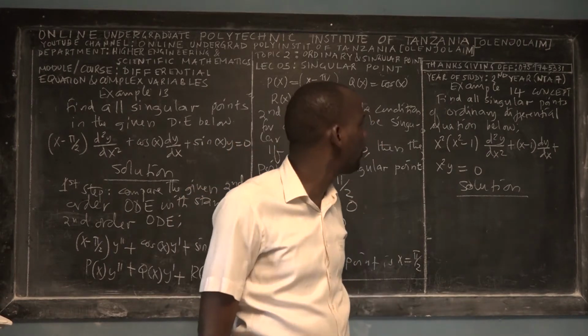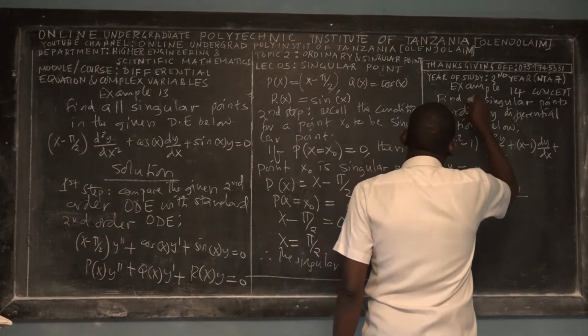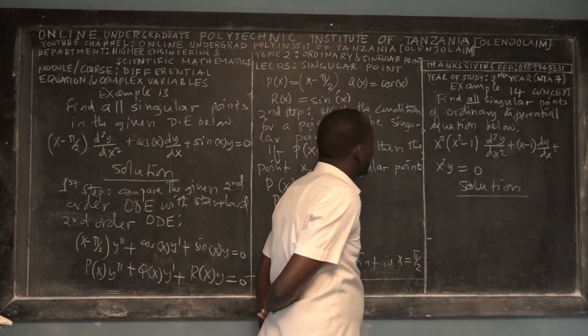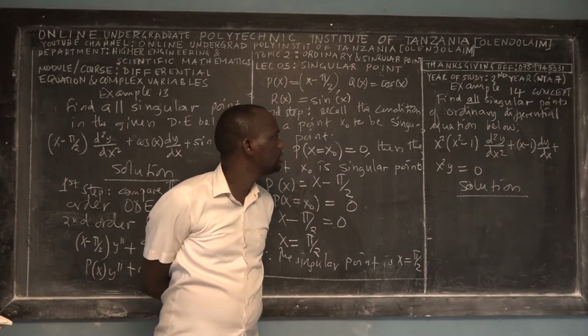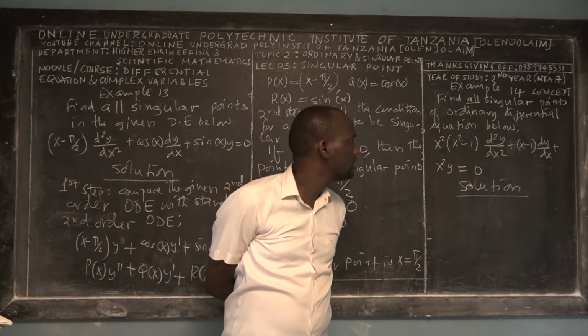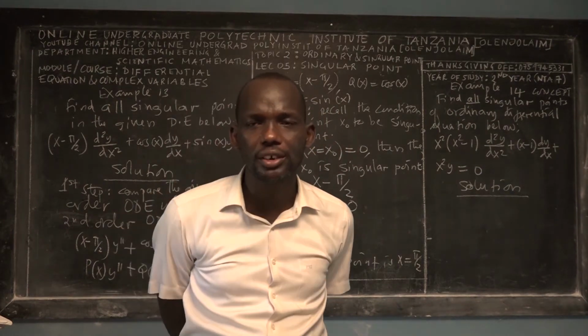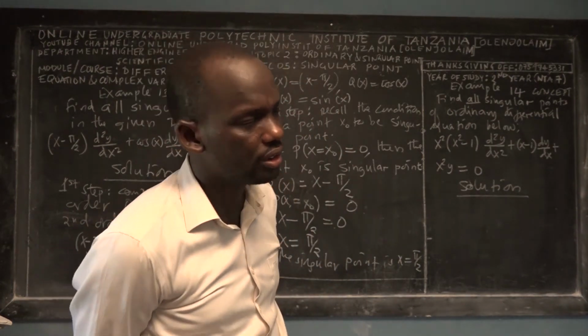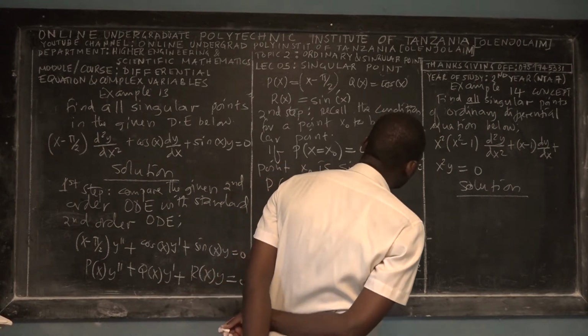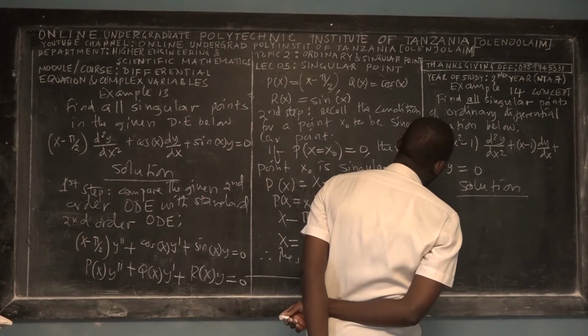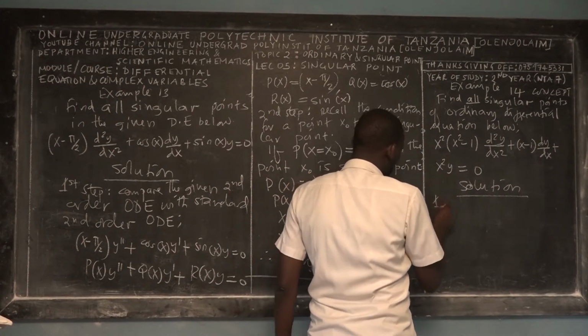What does it mean to find all the singular points? The term all means that you can find more than one singular point. The question asks you to find all of them, not only one. So we follow our 2 steps.